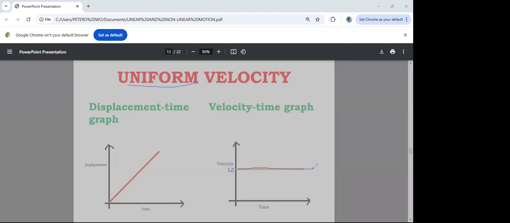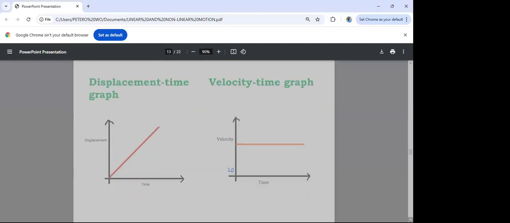If they say we moved with a uniform velocity of 20 on a velocity time graph, that velocity will look like that. It will be a straight line. So that's what those two graphs mean for uniform velocity. It can be on a displacement time graph, or it can be on a velocity time graph.